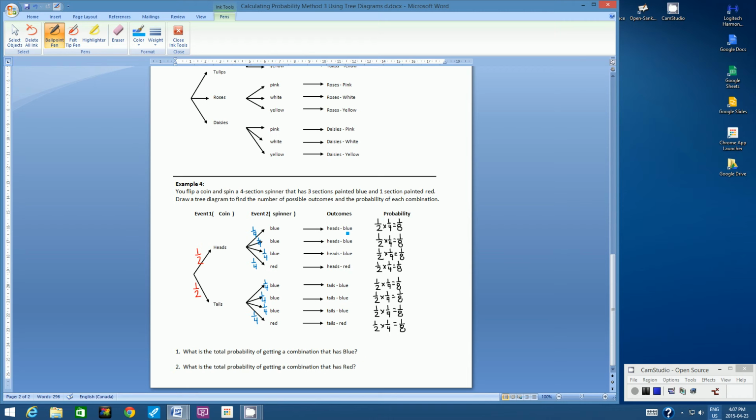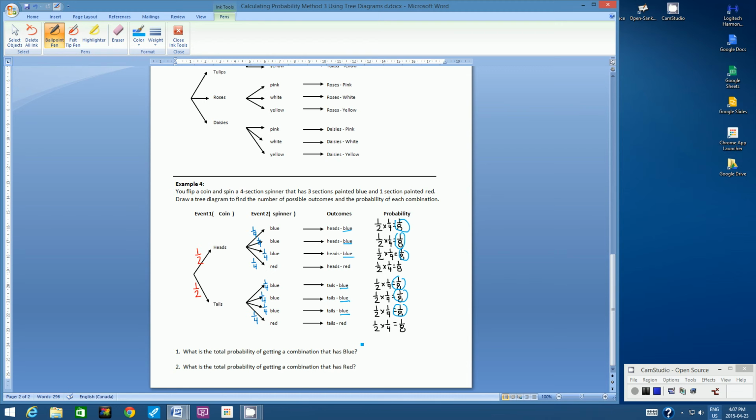Okay, so let's go and have a look at all of the combinations that have blue. So what I'm going to do is I'm going to underline all of those combinations. So that is this probability, this probability, this probability, this one, and this one.